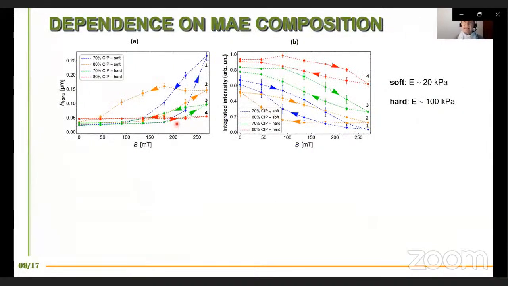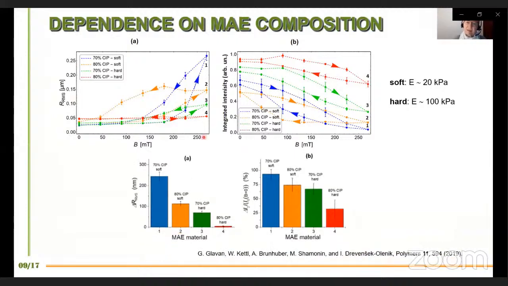We were also investigating how the chemical composition of our samples affects these properties, and we have found that the softer the sample, the larger the surface optical modification in reflectivity and also in the spread reflection. We also observed that a lower concentration of microparticles gives more and larger changes than a higher concentration. So one needs a soft matrix and some optimal concentration of microparticles for this property.